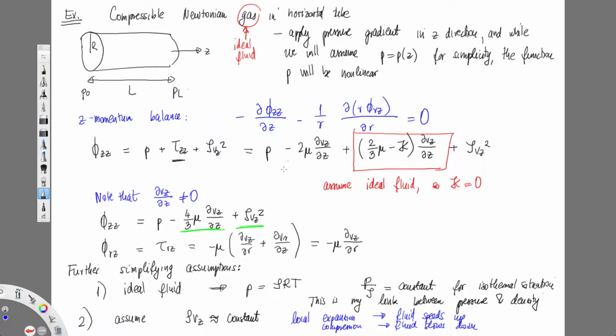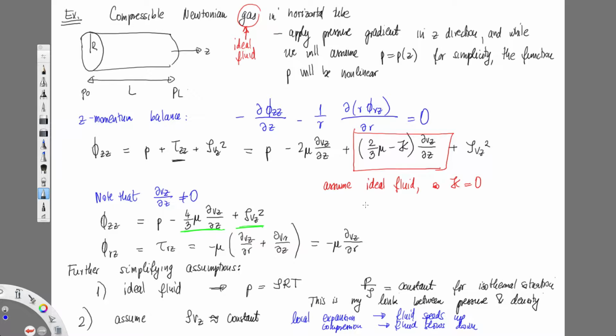So now I want to put those in, but I'm just going to look at a couple more simplifying assumptions that will help me simplify that equation. One thing is that I have ideal fluid, so P and rho are linked. In particular, P divided by rho is a constant.